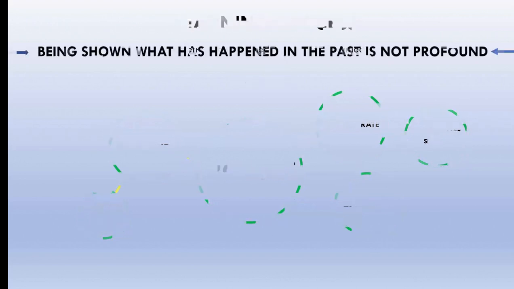But here's the thing, being shown what has happened in the past is not profound. It's the simplest thing which you can show in a trading book. They say hindsight is 20/20 vision, and a lot of traders are shown charts of what has happened without them being told about what to do as it is happening.